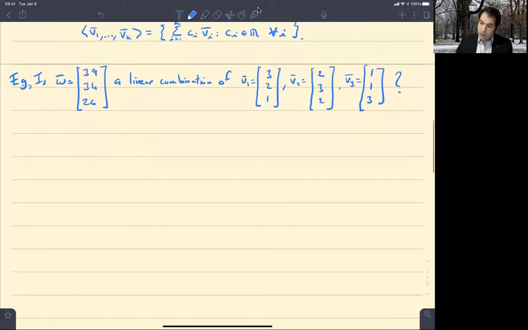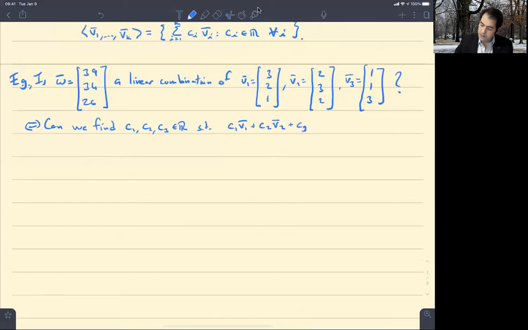Okay, so an equivalent way of asking this is, can we find C1, C2, C3 in the real numbers such that C1 V1 plus C2 V2 plus C3 V3 is equal to W, right? That's the exact same question, right? Because every linear combination of v1, v2, v3 is a vector that looks like this.